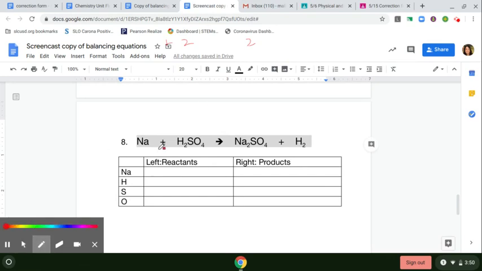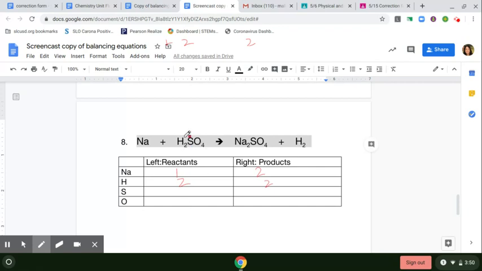Okay, Na, sodium. I have 1 sodium on my reactant side, and I have 2 on my product side. You can see that because it's got the subscript by the Na. Hydrogen, I have 2 on my reactant side, and I have 2 on my product side.